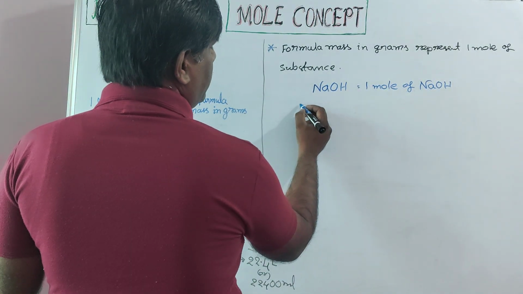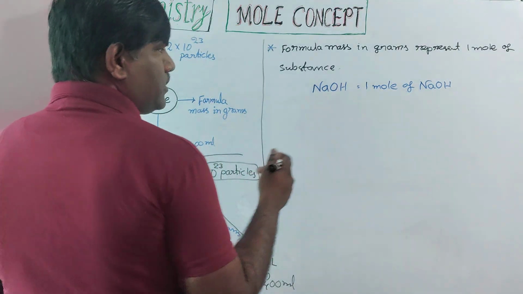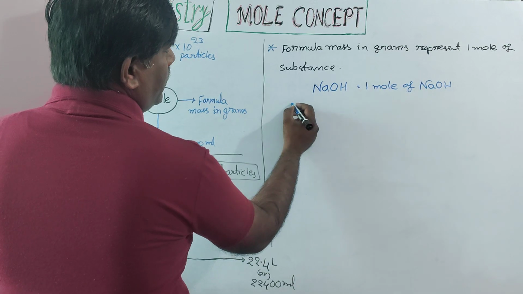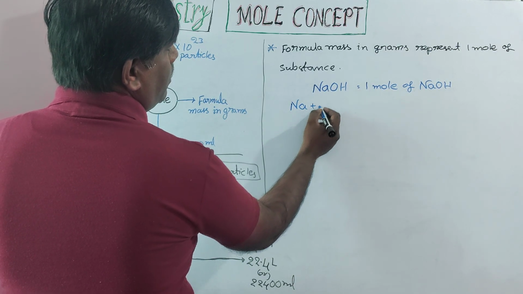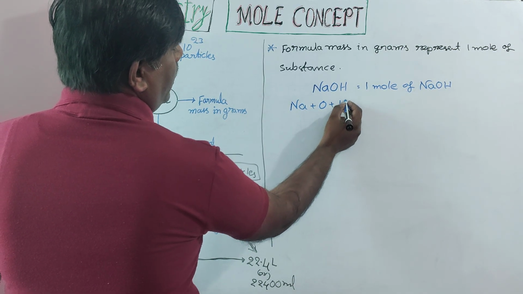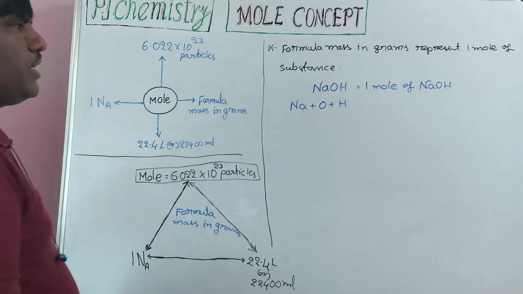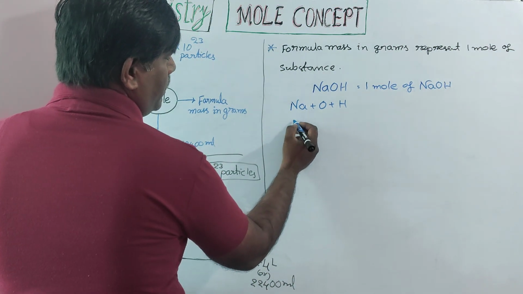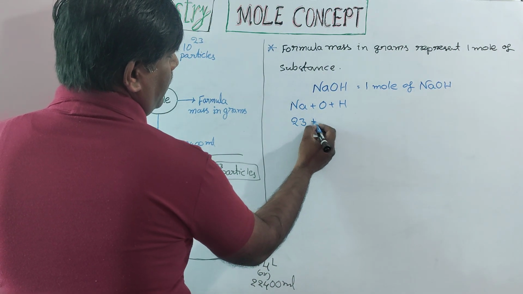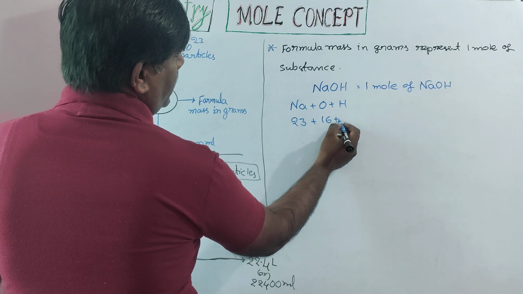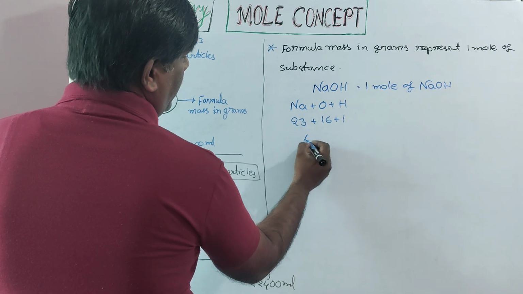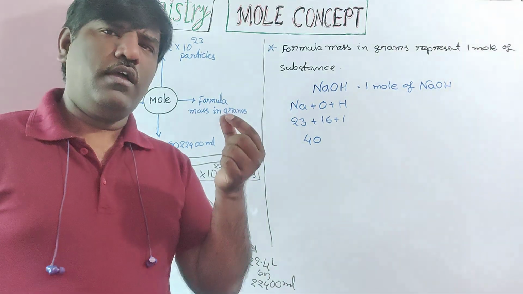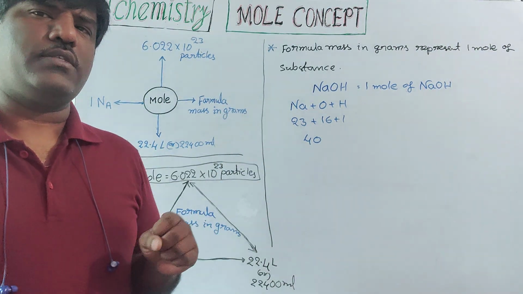Sodium plus oxygen plus hydrogen, these are the 3 elements present in it. Sodium's atomic mass is 23, oxygen 16, plus 1. Total 40. 40 is the formula mass.